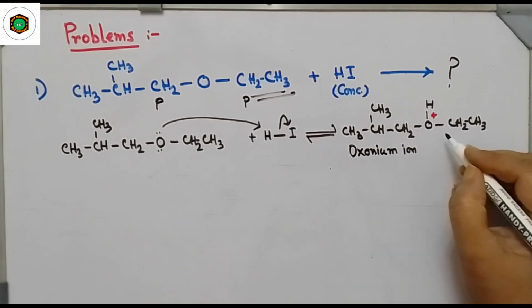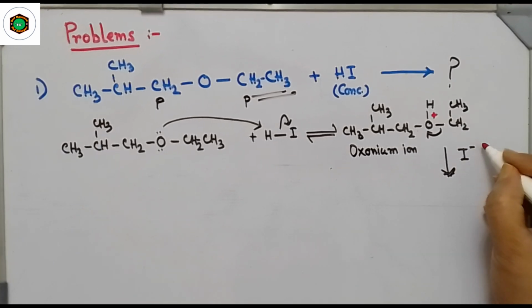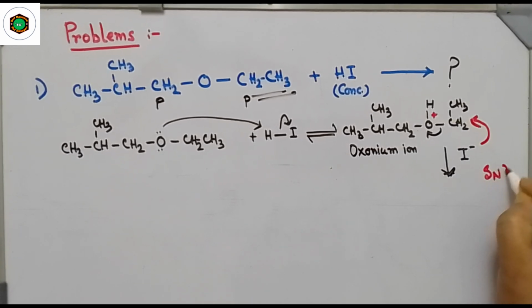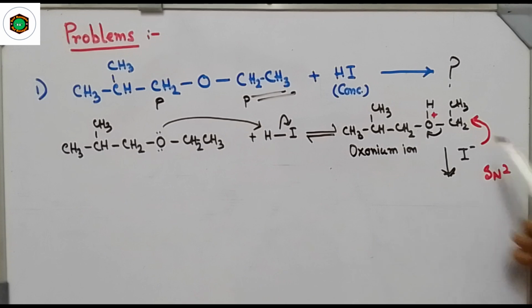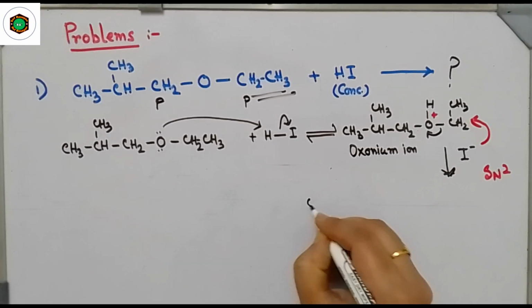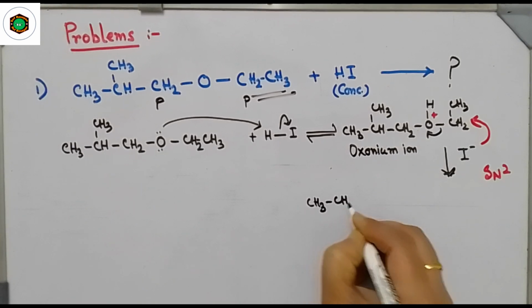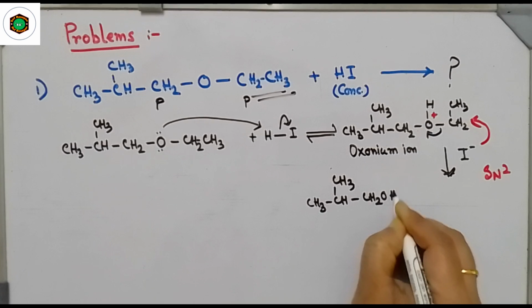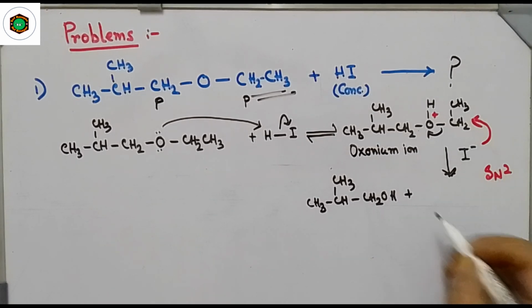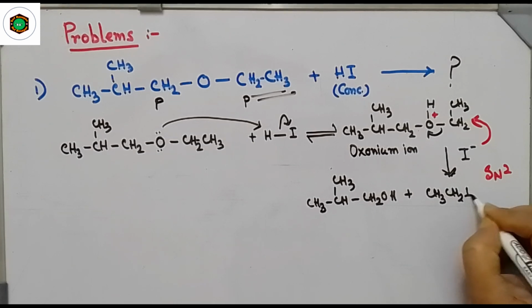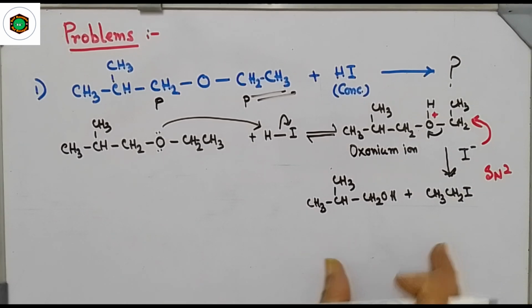So this bond will break and iodide will attack at this carbon by SN2 mechanism, since this is a primary carbon. So what are the products? From this side you will get CH3, CH, CH3, here CH2OH, and from this part you will get CH3CH2I, iodoethane. So these are the products.